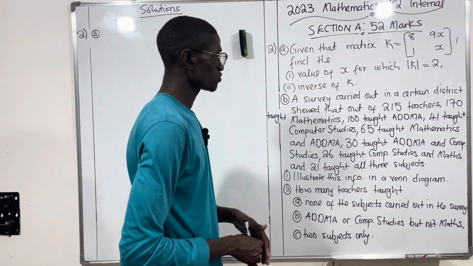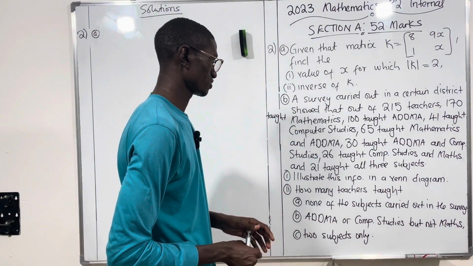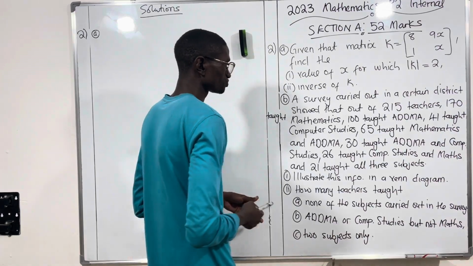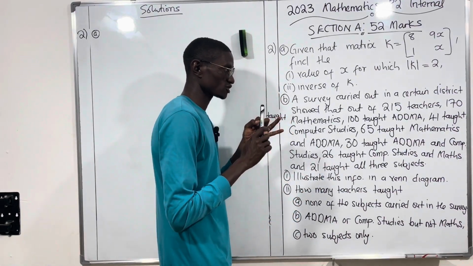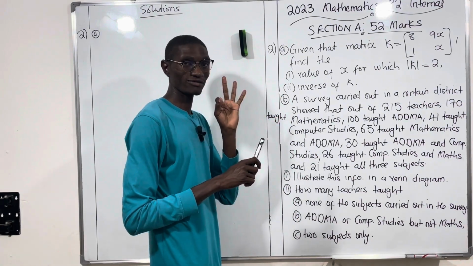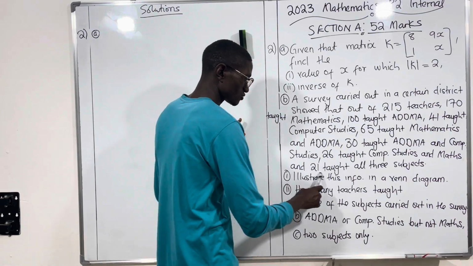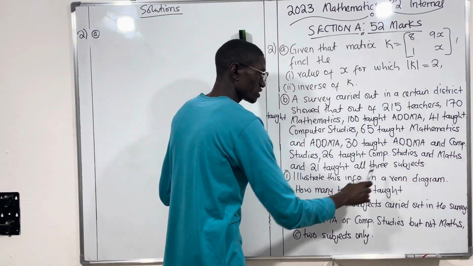So we've read through, and there's some pieces of information we need to capture in this question. There are 3 subjects, right? There is mathematics, additional mathematics, and computer studies, implying that we need to have 3 sets. And the last part of the information says 21 taught all 3 subjects.